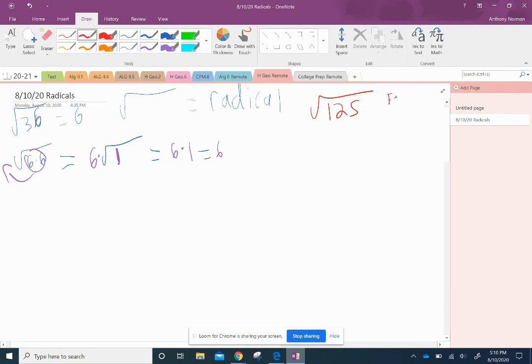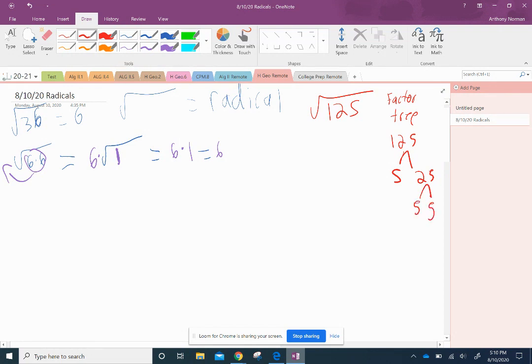We have to start with a factor tree. So we take 125 and divide it by a number that we know goes into it. I'm pretty sure 5 goes into it because it ends in 5. 125 divided by 5 is 25. The factors of 25 are 5 and 5.